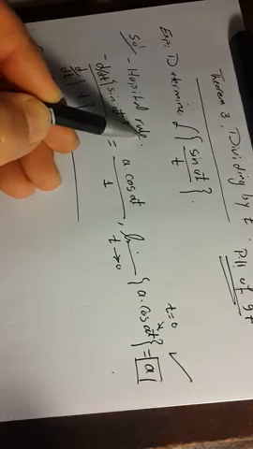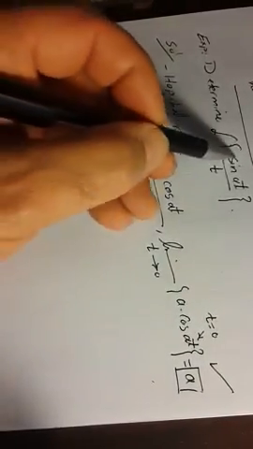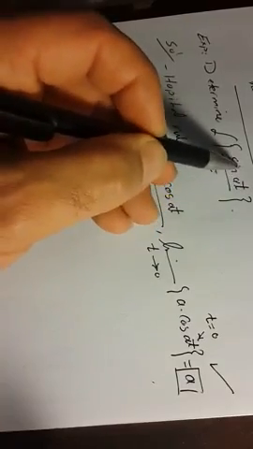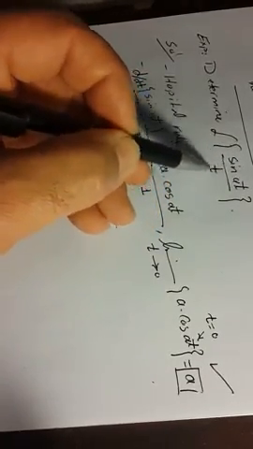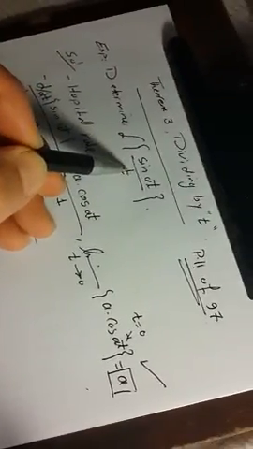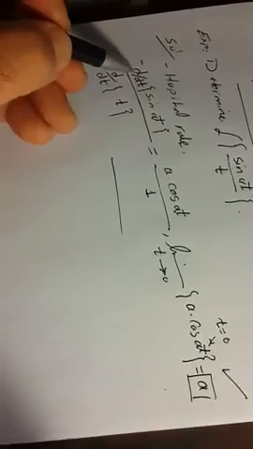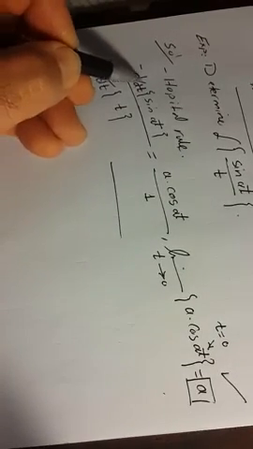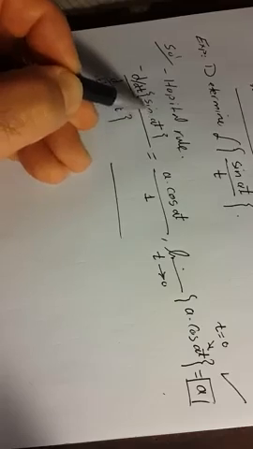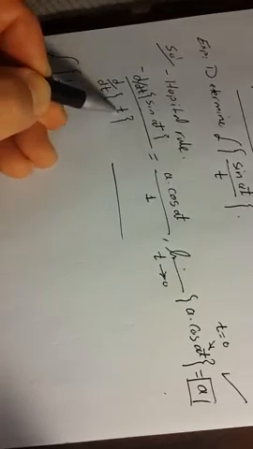How do we apply L'Hospital's rule? We have to differentiate the top separately and differentiate the bottom separately. In other words, we apply d over dt to the top and d over dt to the bottom.